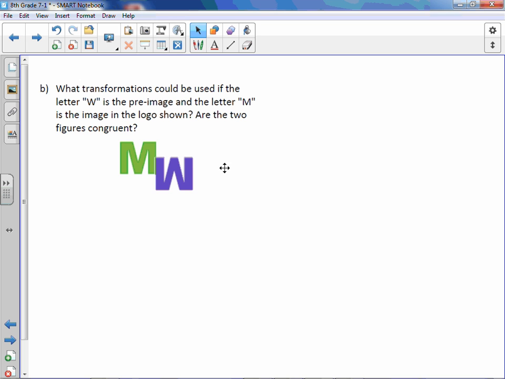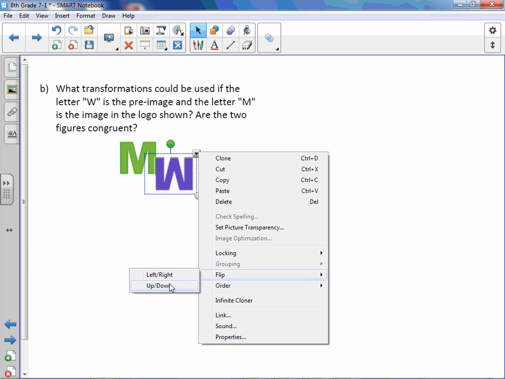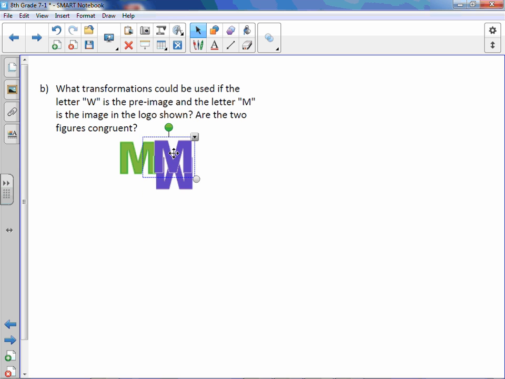What transformations could be used if the letter W is the pre-image and M is the image of the logo shown? Are the two figures congruent? So this one, let's see if we can do a reflection here. A reflection would bring it up here.